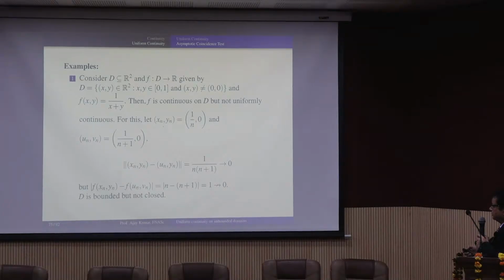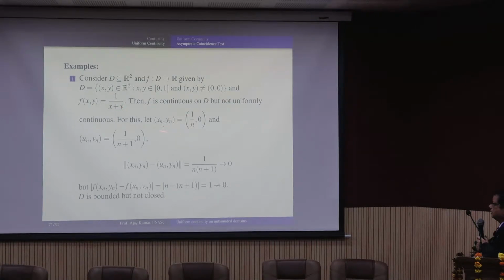Here is an example. Say D is all (x,y) such that x and y belong to [0,1], so it is the rectangle minus the point (0,1). We leave behind the point. Say the function is f(x,y) = x + y. So f is continuous on D but not uniformly continuous.